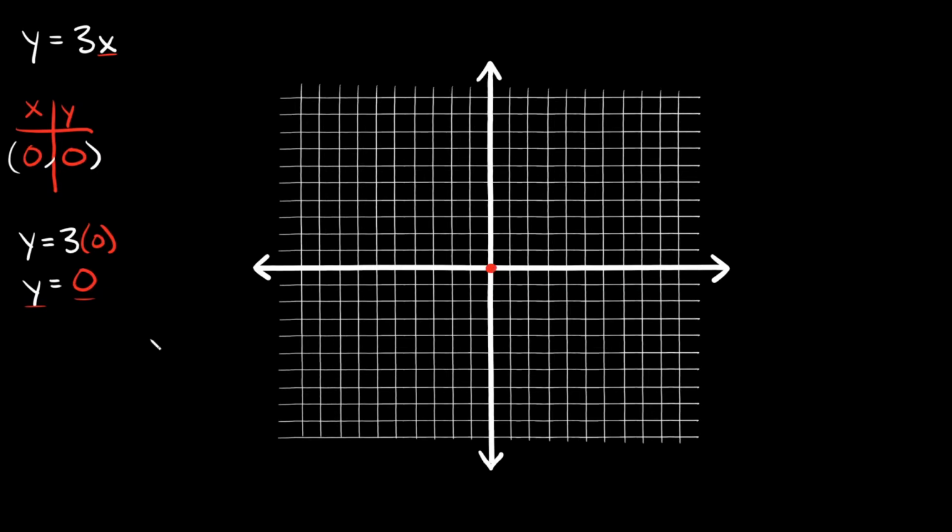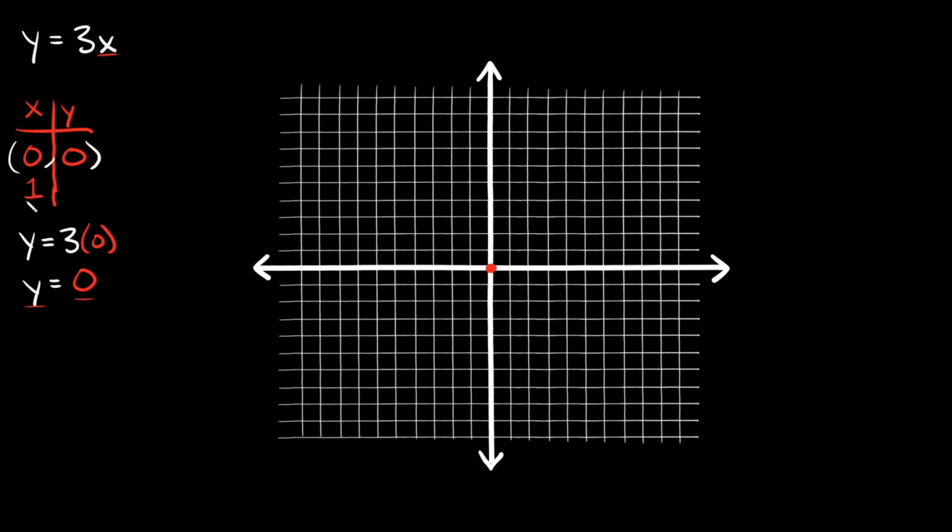Now, in order to graph a line, you need at least 2 points. We found one point, so now let's figure out what another point is. Let's plug in another number for x, and this time let's plug in the number 1. Again, you want to keep the number simple.